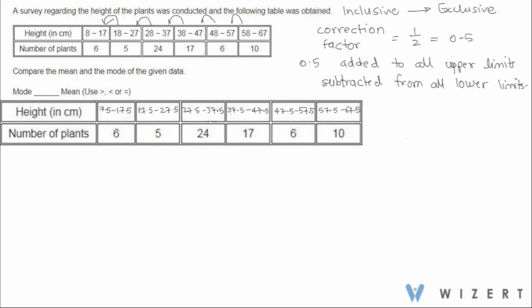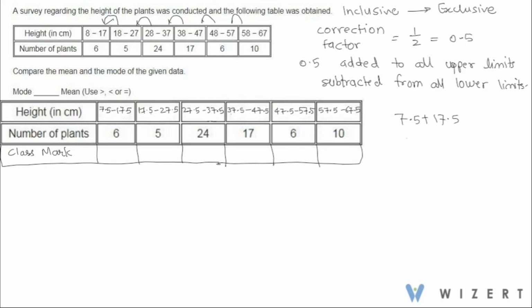multiplication of frequency and midpoints. So let's see class mark or class midpoint. We'll write the class mark or class midpoint of each class in this column. 7.5 to 17.5 is 7.5 plus 17.5 by 2, so that is equal to 25 by 2, which is 12.5.